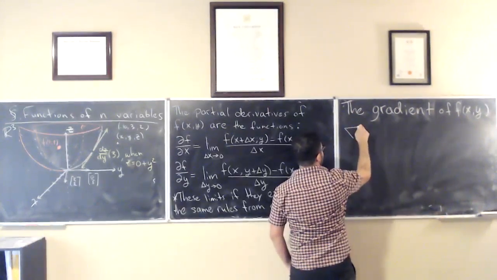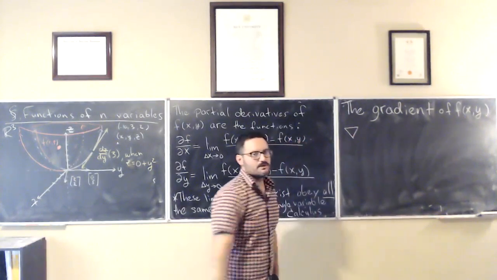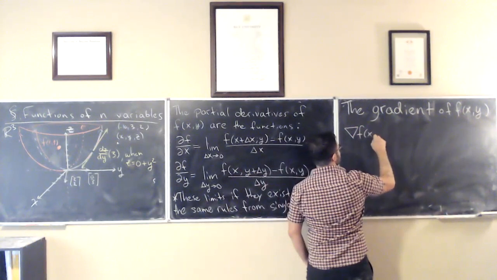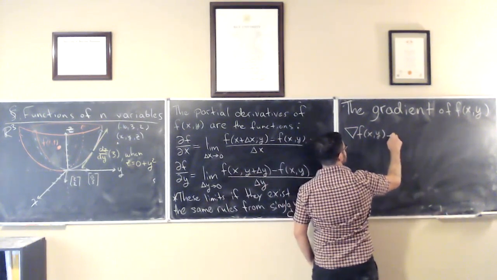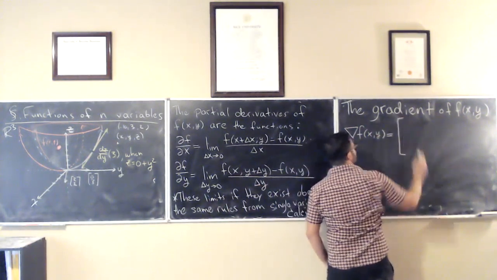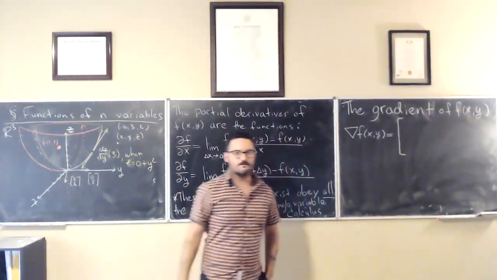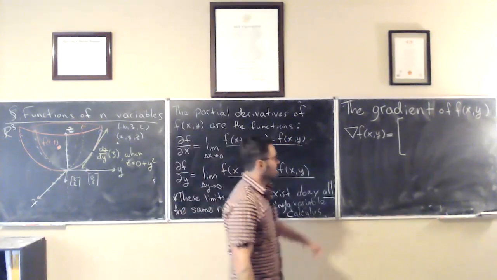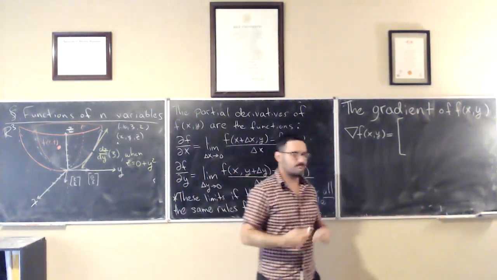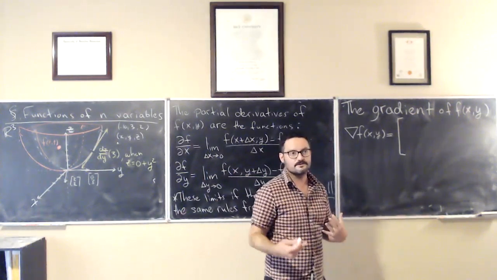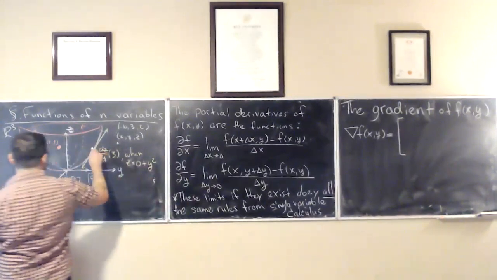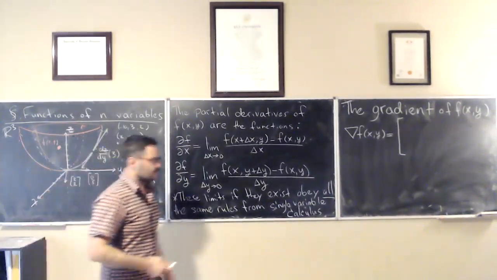This is the Greek letter nabla of f, and this is a function of x and y. This is not a scalar valued function, it is a vector valued function. You input x and y, you get out another vector. It doesn't produce a scalar, it produces a vector. And the entries in that vector are your rates of change in the x and y directions.